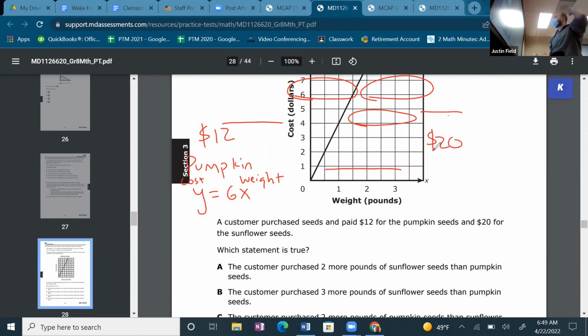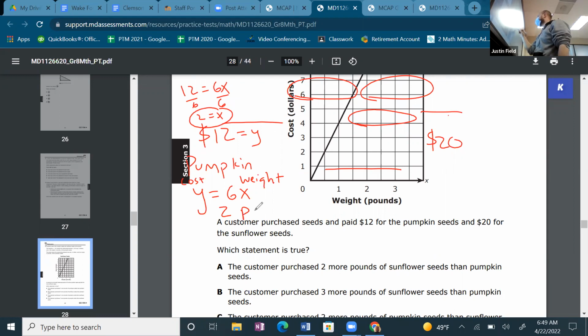So 12. Okay, so $12 is a y variable. So we know that 12 equals 6x. Divided by 6, x equals 2. So it would appear to me that the customer has purchased 2 pounds of pumpkin seeds. You guys agree with that? 2 pounds.